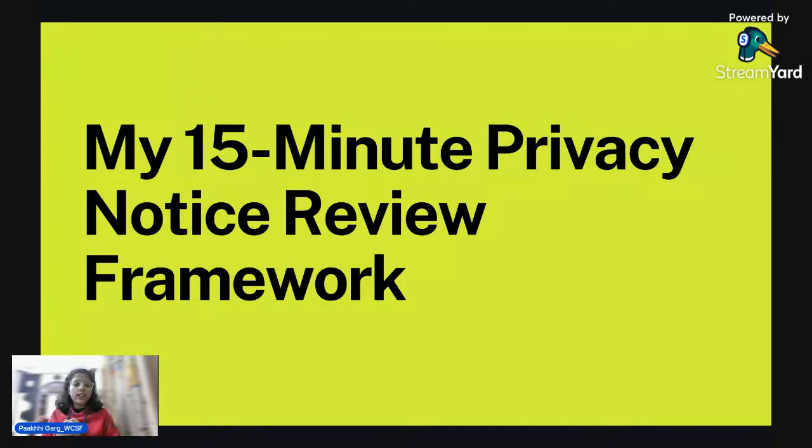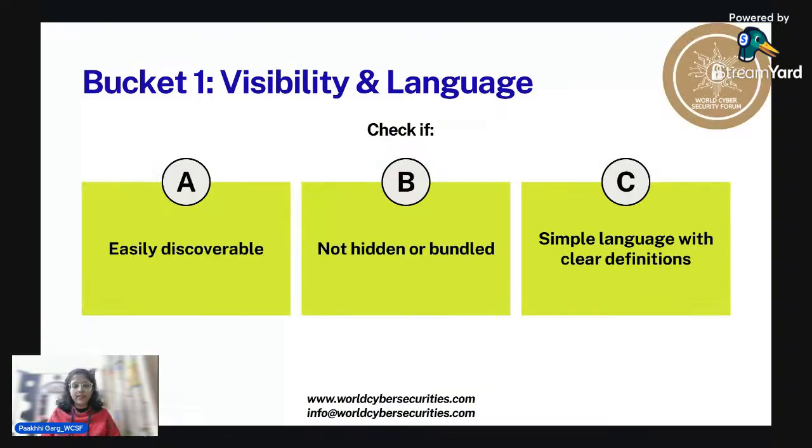Now, let's go ahead with the framework that I generally prefer whenever I am working with any client. I have divided it into 5 buckets, and I will present them very quickly because I want to take up the time for the live demo. Bucket 1 is visibility and language, where you need to check 3 important elements.